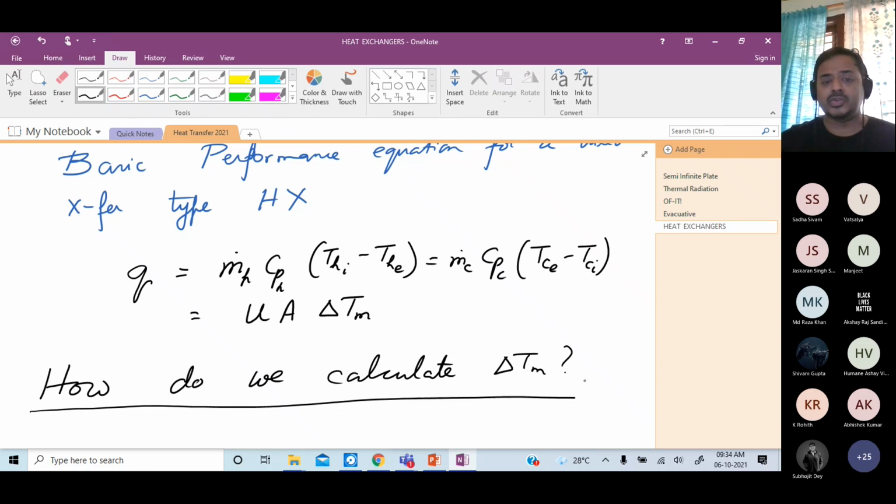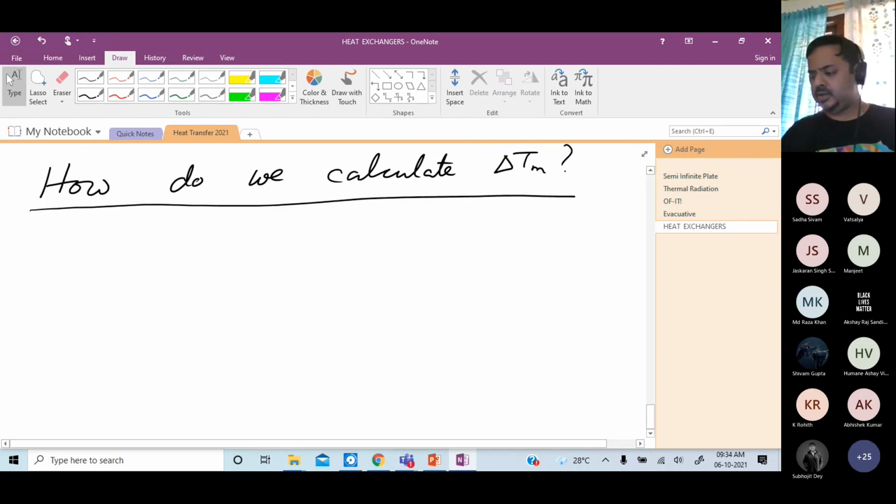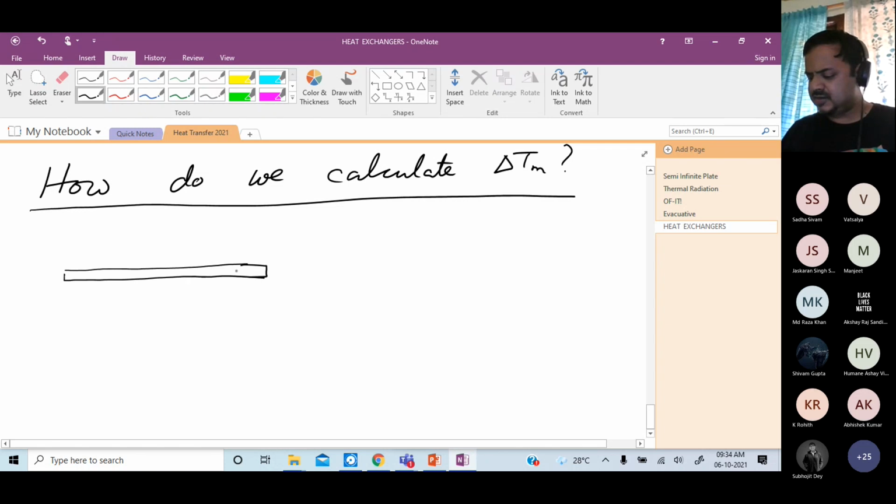So that is what we are going to do next: find out the two basic configurations, parallel flow and counter flow. We will start with parallel flow and then go to counter flow. To start with, we'll just start with the wall type arrangement.